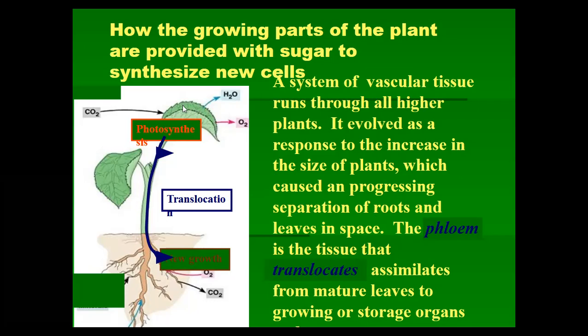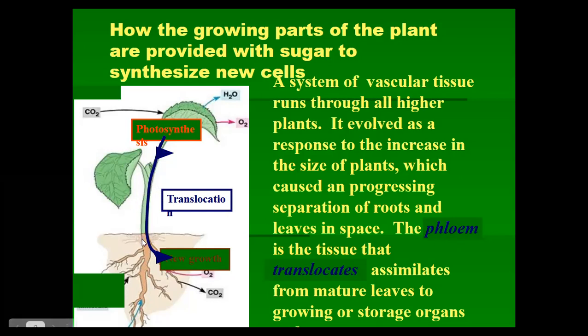See children, leaves are the food factories. The leaves prepare food material by photosynthesis. That synthesized food material is distributed to all plant parts through the phloem tissue.